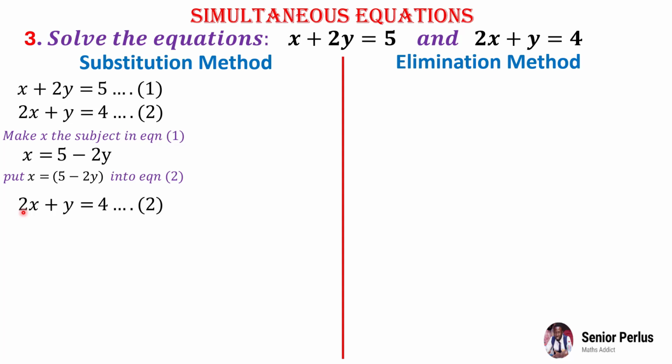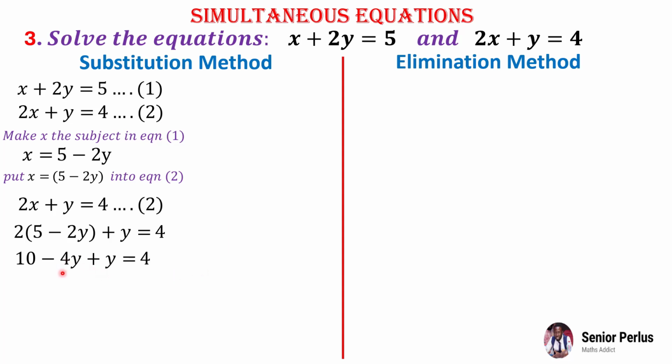So now we know s is 5 minus 2y. So our equation 2 will be this, with 5 minus 2y in place of the s here. Then we solve the algebraic equation. Good. So 2 times 5, then minus 2 times minus 2y, you get 10 minus 4y plus y.